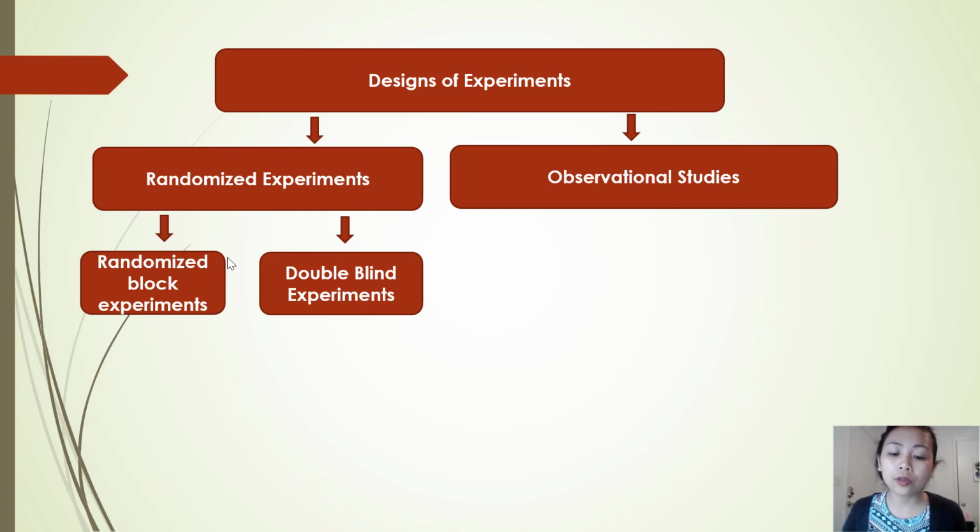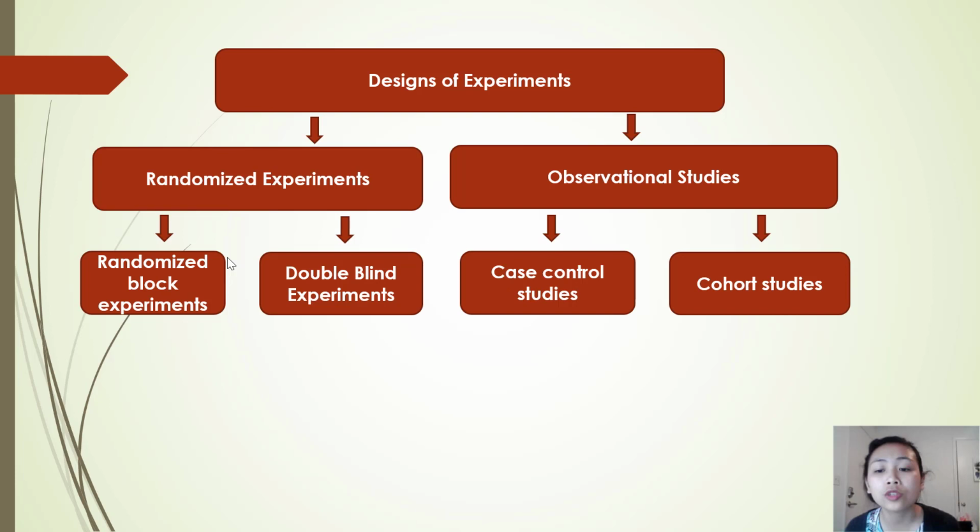The purpose of these tools is to make the randomness stronger, so we have a better result and a better conclusion, and make the study more reliable. And in observational studies, we have case control studies and cohort studies. In case control studies, we compare one factor between two groups. One group has the disease and one group doesn't have the disease.